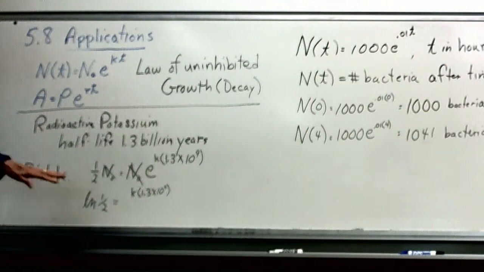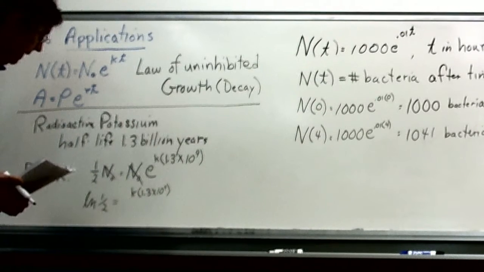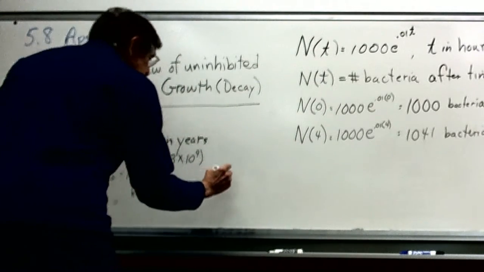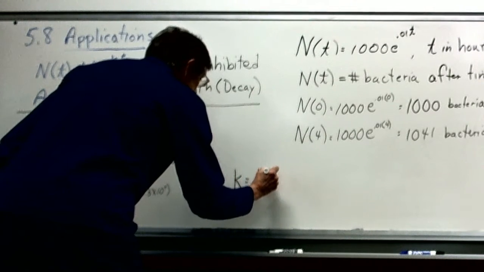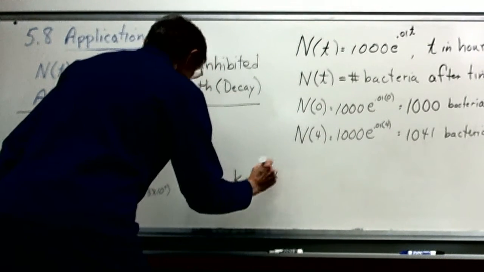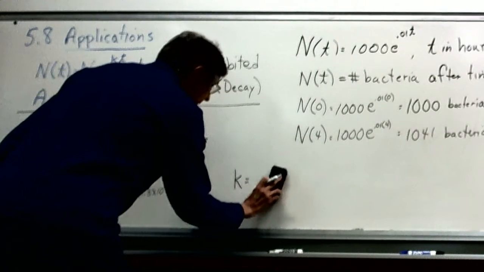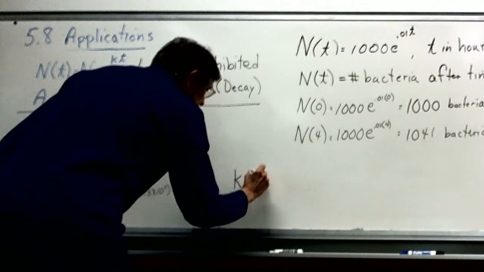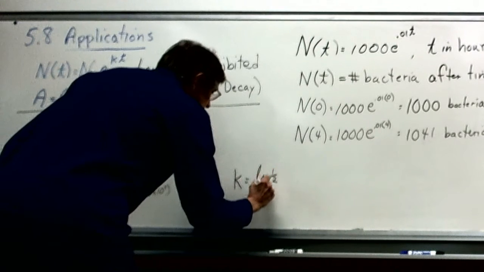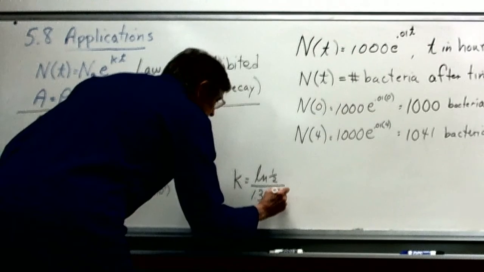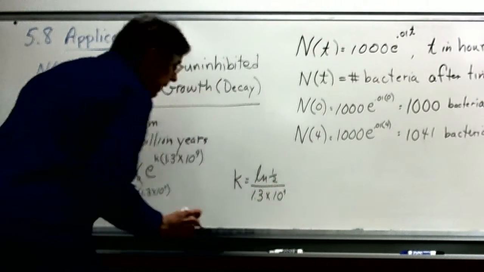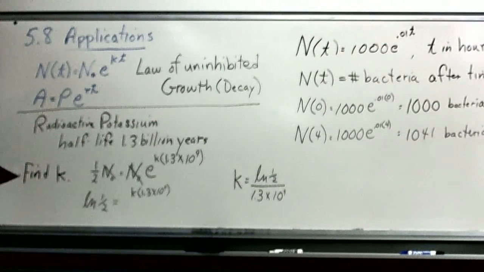And then we can divide both sides by the coefficient of k, and we'll have k equal to the natural log of 1/2 divided by 1.3 times 10 to the 9th. I'll just leave it in that form rather than work on a decimal that's been rounded tremendously.